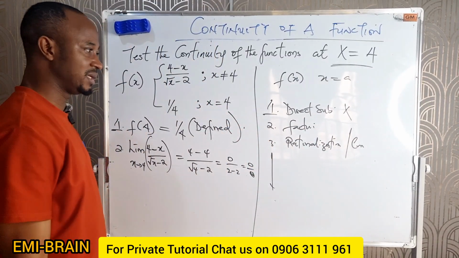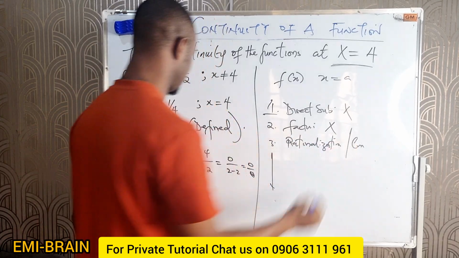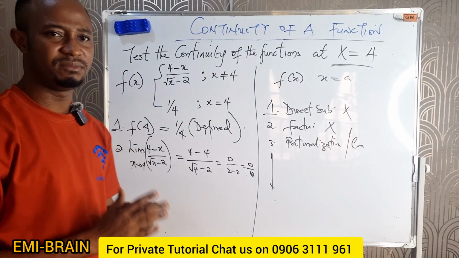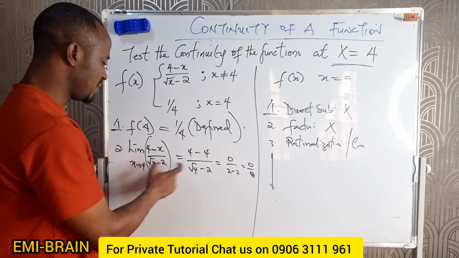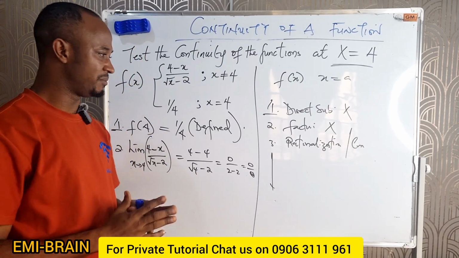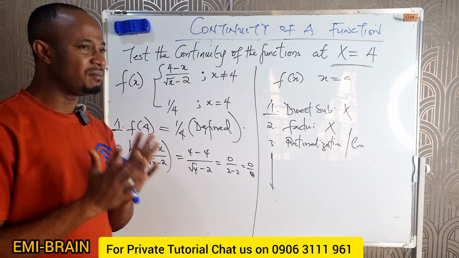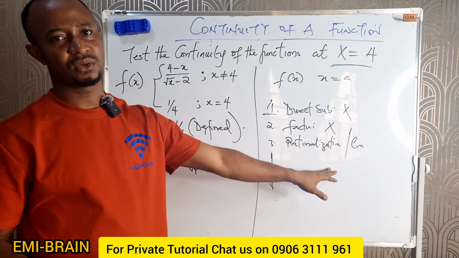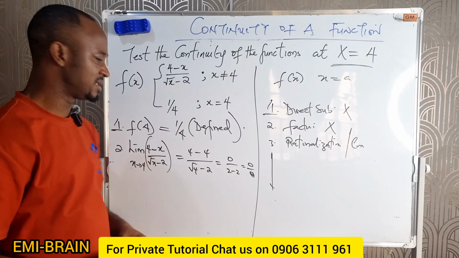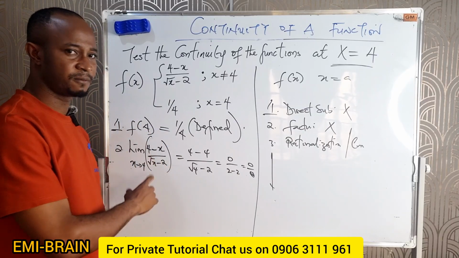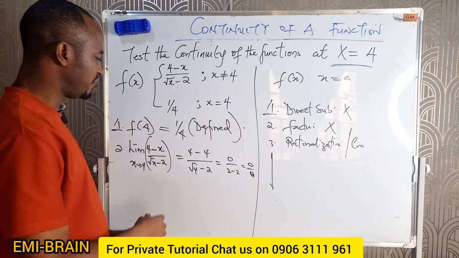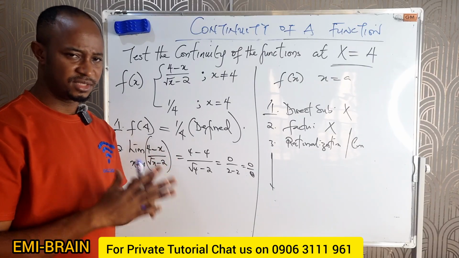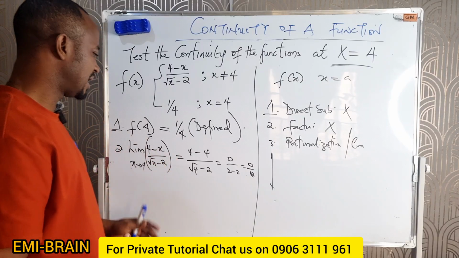I also can't use factorization because I cannot factorize this. As I said in my previous class on limits, whenever you have a square root function, the only method that can be used is rationalization. We have to rationalize the denominator by multiplying the numerator and the denominator by the conjugate of the denominator. Now let's see how that goes.